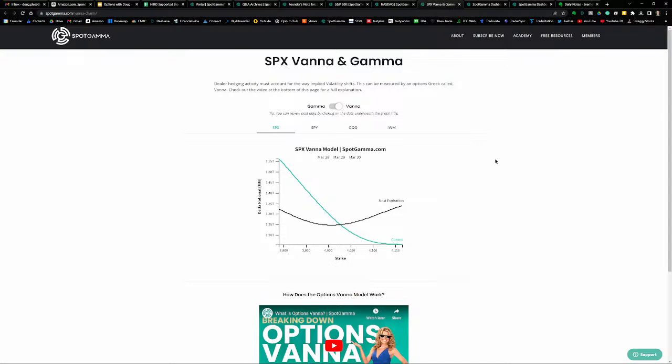And I will tell you that SpotGamma noted that they did change the algorithm for this, and I need to dig into this more and more. I think it appears that the black line now is more indicative of the way market makers will be hedging.